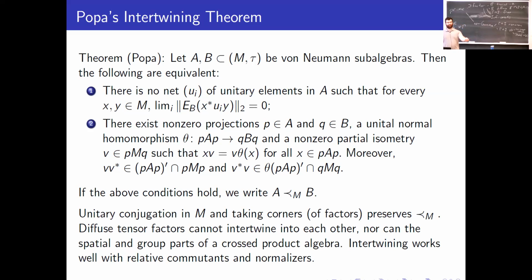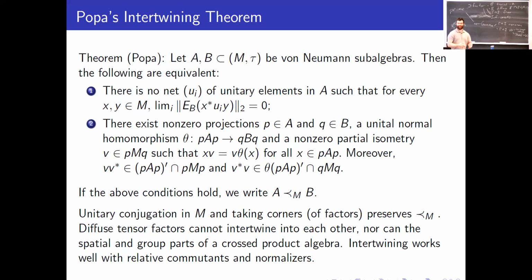That basically can't go to 0. And the second one is there's actually a homomorphism between two corners of A and B that is intertwined by a partial isometry that lives in nice relative commutants. So this looks pretty technical. But why is it so powerful? Well, a lot of the arguments go, okay, we'll assume that A doesn't intertwine into B. Then you get unitaries with this nice property.